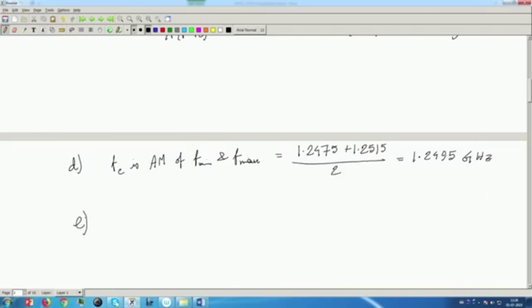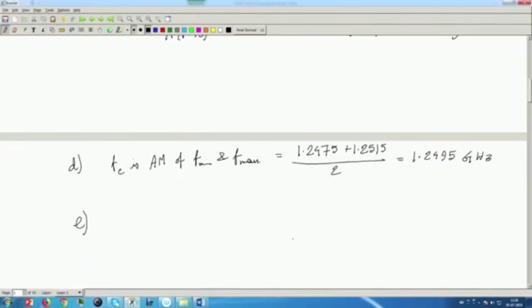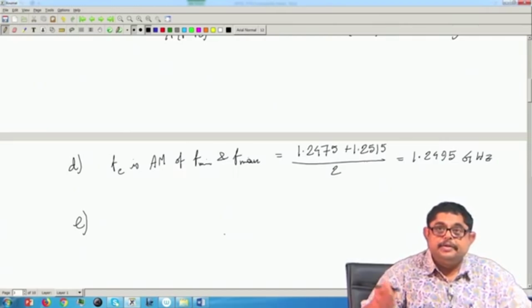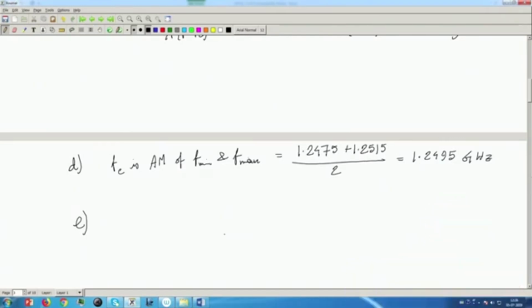Then we will have to do part E. What is part E? The bandwidth. Bandwidth is now independent of pulse width. That is the new thing, that LFM makes it independent of pulse width. So, what will be the bandwidth?